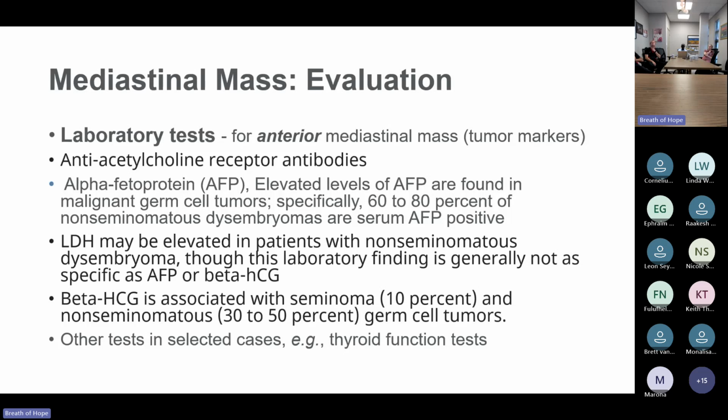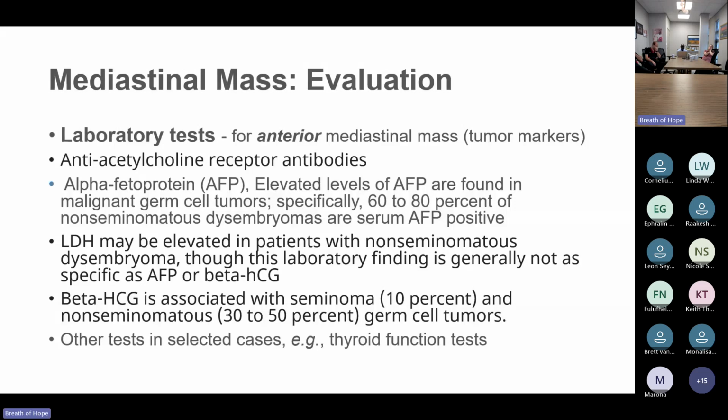LDH, unfortunately, is not specific; it can be seen in a lot of conditions, from hemolysis, bacterial infection, lymphomas, and the list is endless. But if it's elevated, that also indicates more of a male kind of tumor, non-seminomatous, these embryonal tumors.